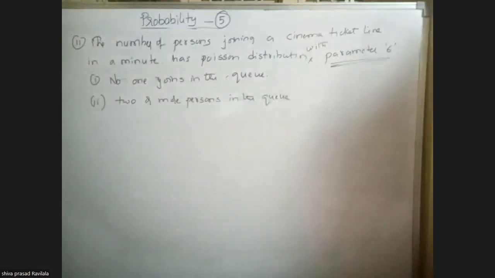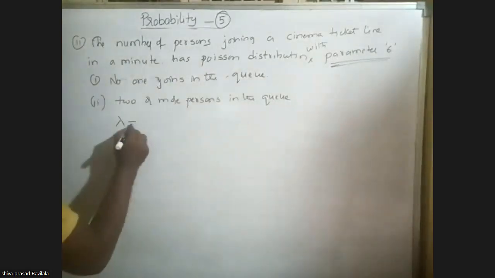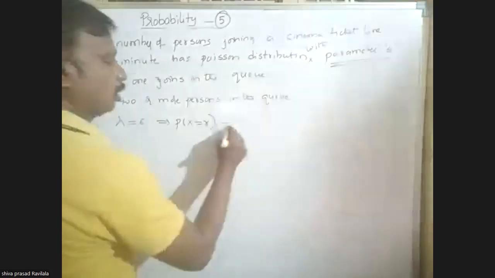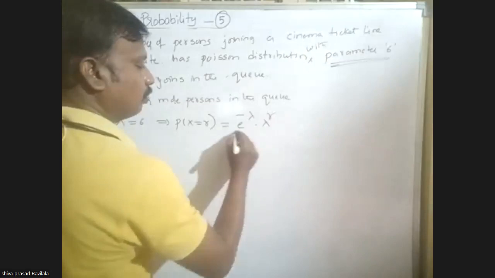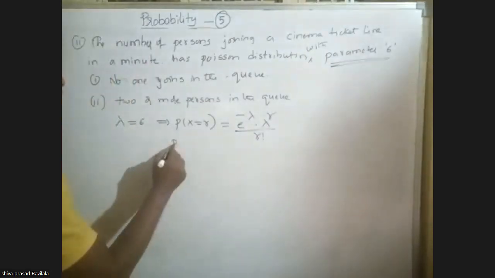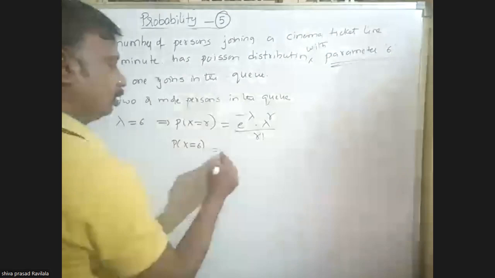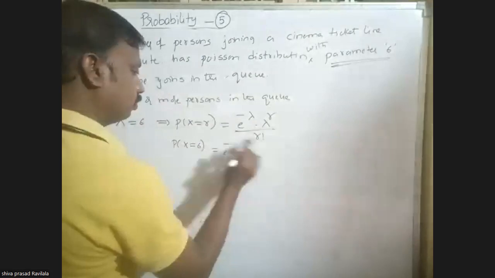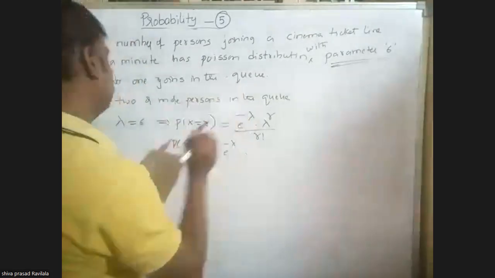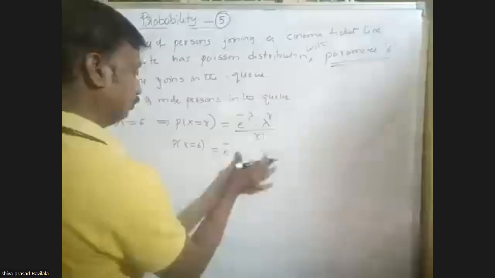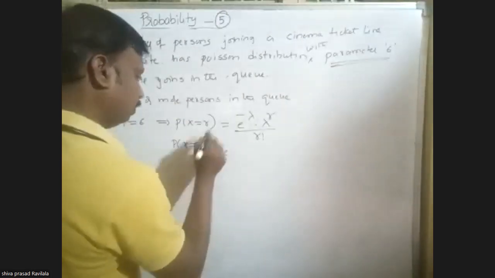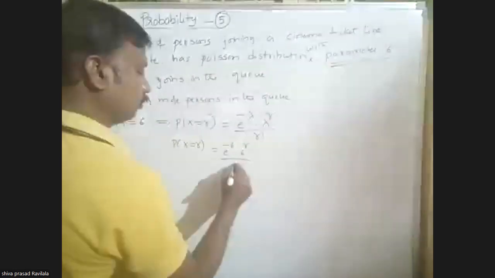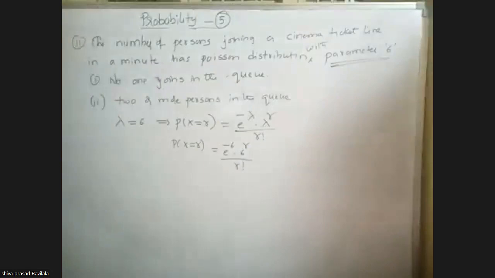First of all, given that lambda is equal to 6, therefore probability of X is equal to r is e power minus lambda into lambda power r by r factorial, which is e power minus 6 into 6 power r by r factorial.